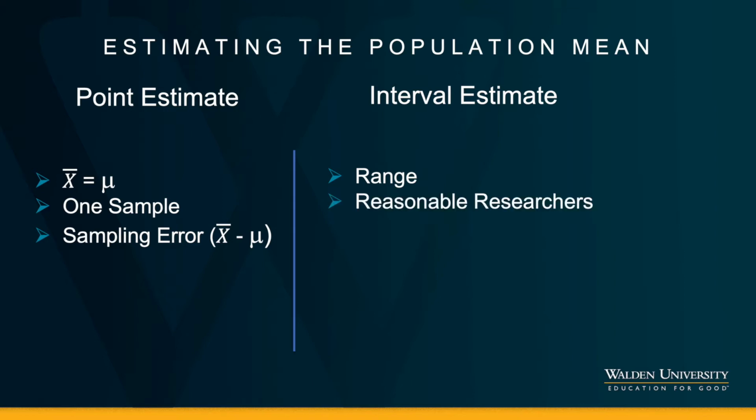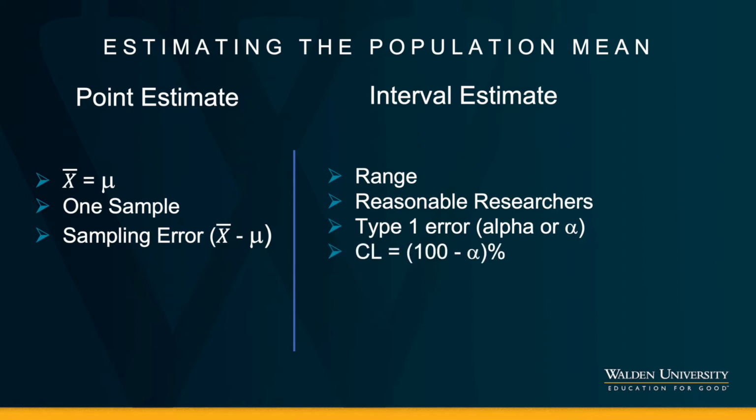And as reasonable researchers, we will take into account that maybe we will make some errors there, but we can incorporate that error, and it's known in the field as a type 1 error, also called alpha. The interval is set at a certain level, the confidence level, and that comes out to a total of 100% minus that chance of making a mistake. So 100% minus that set alpha level.